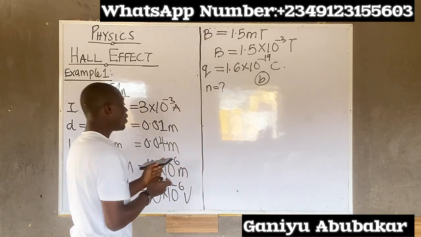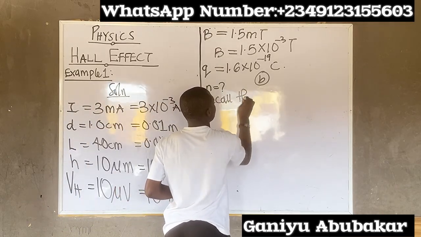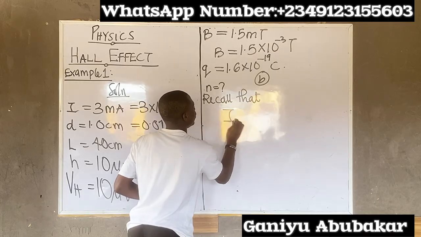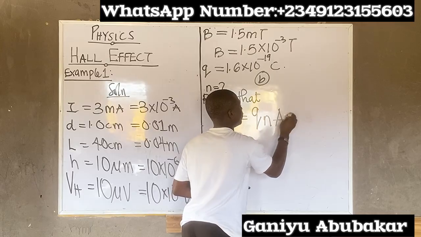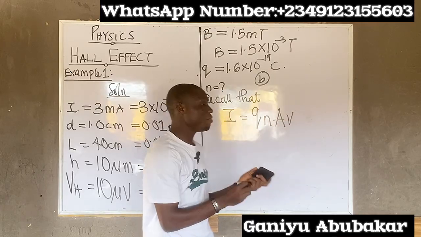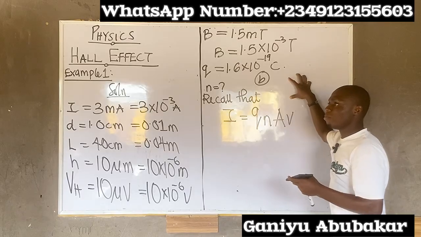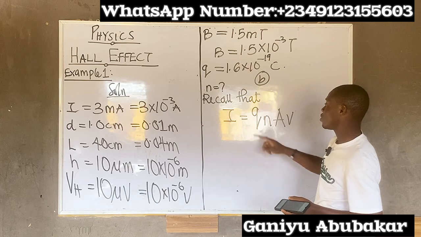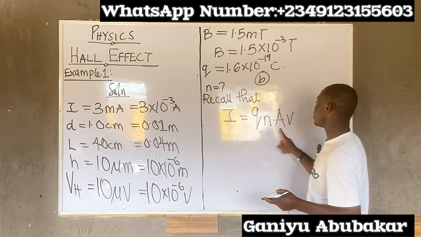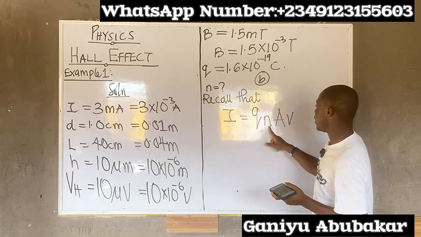What do we do? First, recall that we established that I is equal to qnAv. We established this fact when we were deriving formulas for the Hall effect, that q times n times A times v gives you current. In this case, I'm asked to find n.